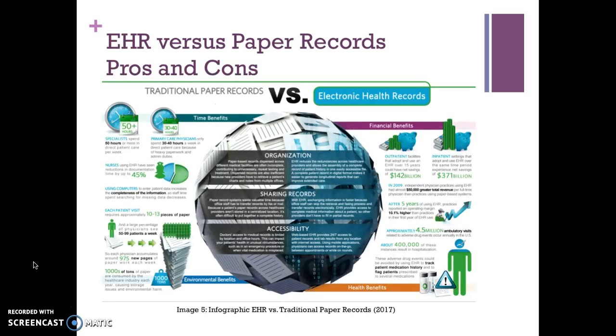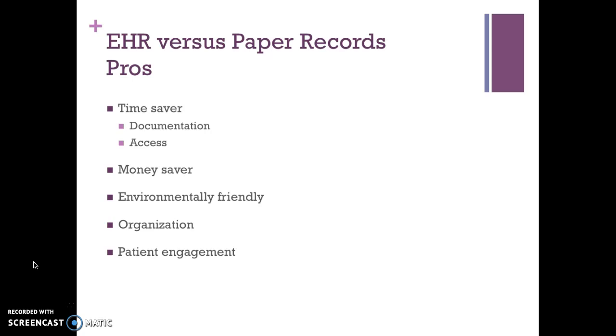Next, we're going to be talking about some of the EHR pros and cons versus traditional paper records. Some of the pros for EHRs over paper records is that it establishes a time saver for providers.